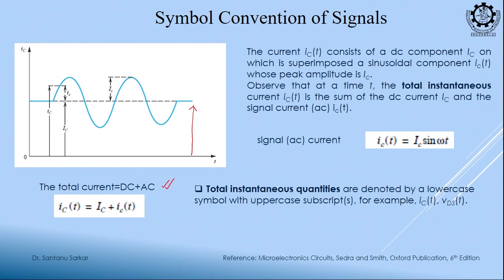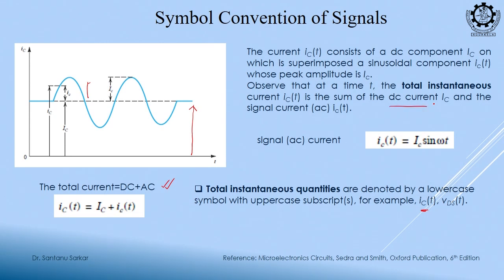Total instantaneous quantities are denoted by a lowercase symbol with an uppercase subscript. For example, small i, capital C, iC, the total current. The subscript is capital, which means total current. This is not about the AC current, this is about the value from 0 to the actual value.